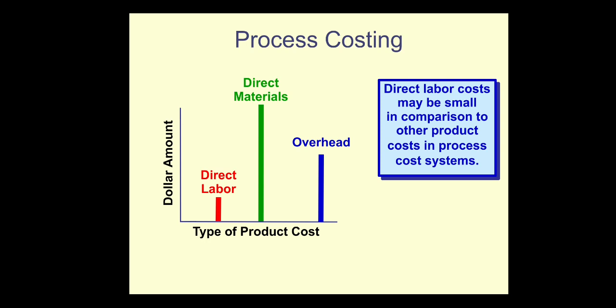So machines cost, most of the time, can be categorized as overhead cost. Okay, so direct labor cost.